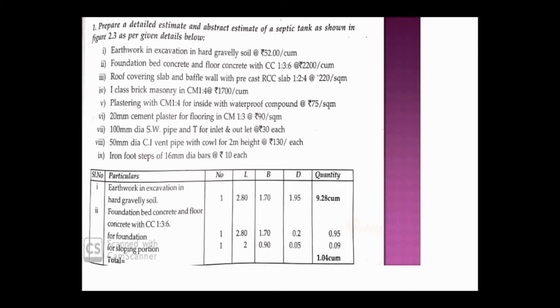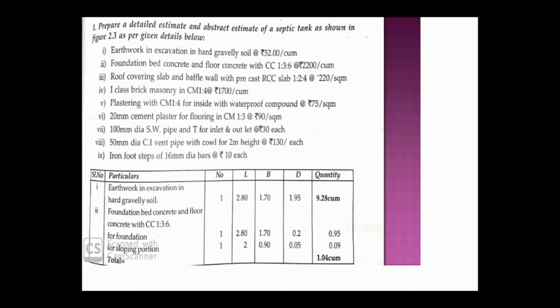First one is earthwork in excavation in hard gravelly soil, that is, the excavation quantity we have to find out, and the rate which they have given is rupees 52 per cubic meter. In the same way, foundation bed concrete and floor concrete we have to find out.